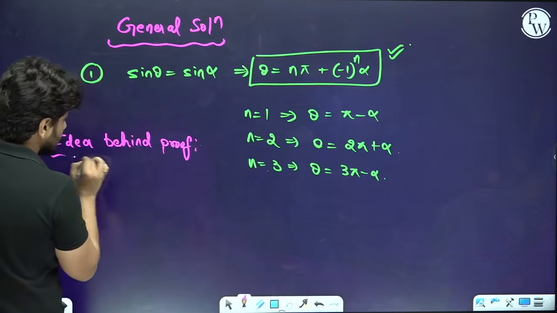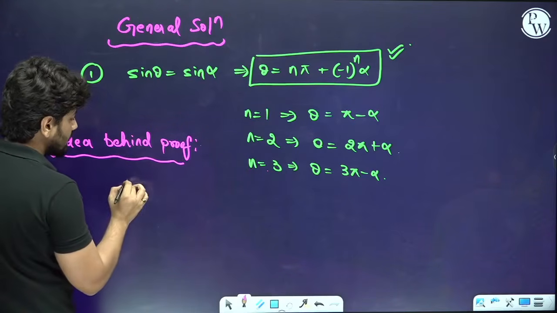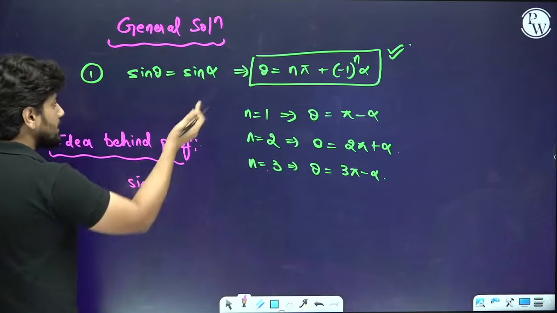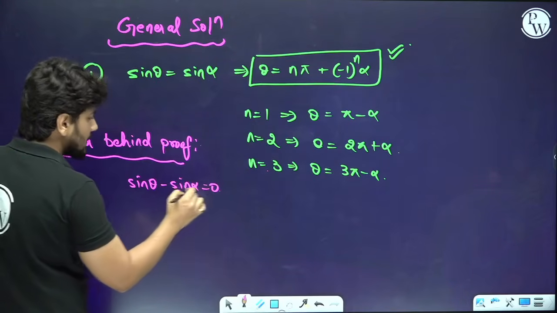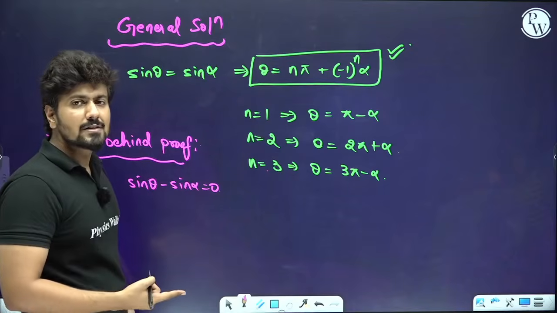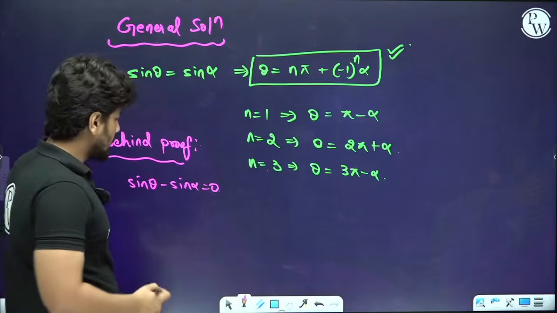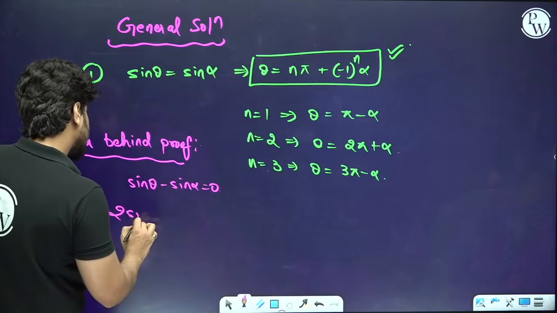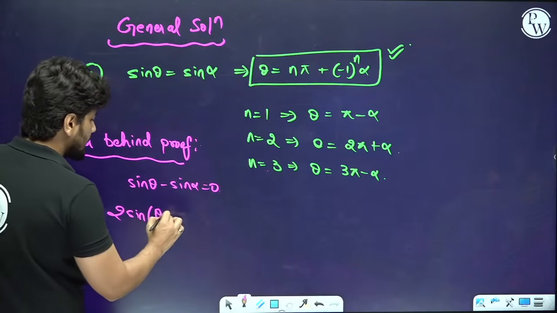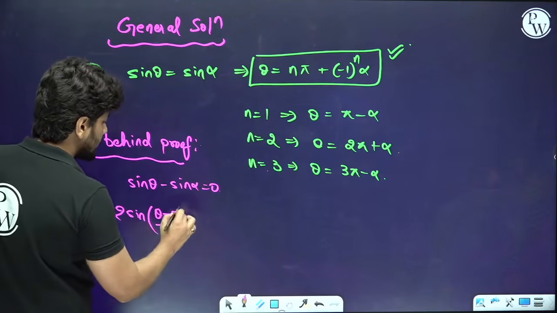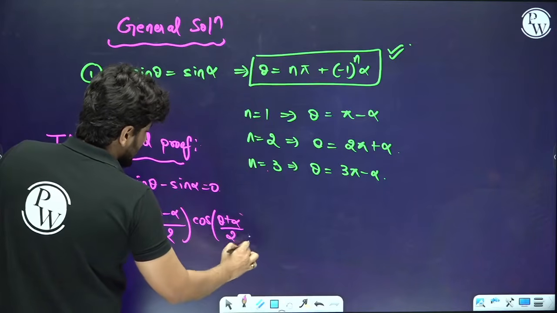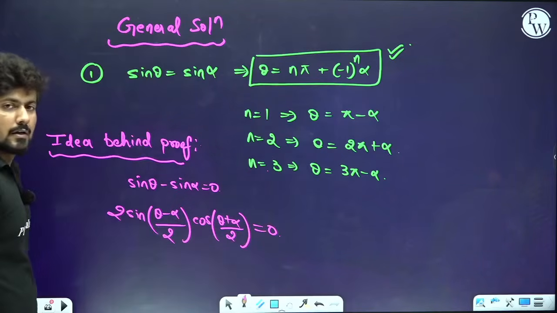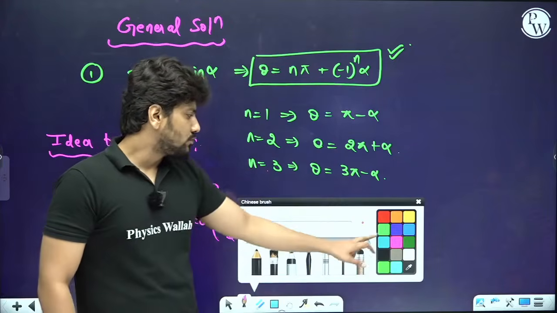See, sine theta is equal to sine alpha. We can bring sine alpha to the left hand side. We get sine theta minus sine alpha is equal to 0. Then we can apply the formula for sine c minus sine d, which is 2 times sine of (theta minus alpha) by 2 multiplied by cos of (theta plus alpha) by 2 is equal to 0. Now, the product of two things is 0.